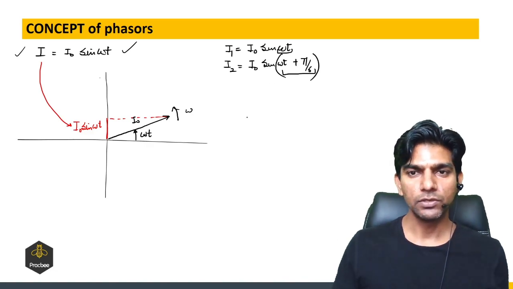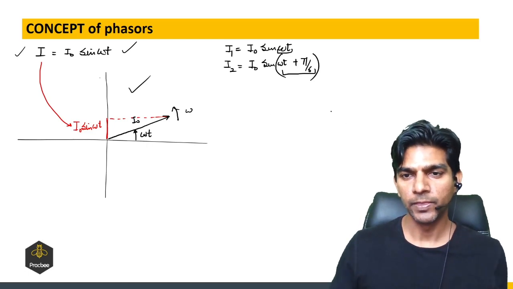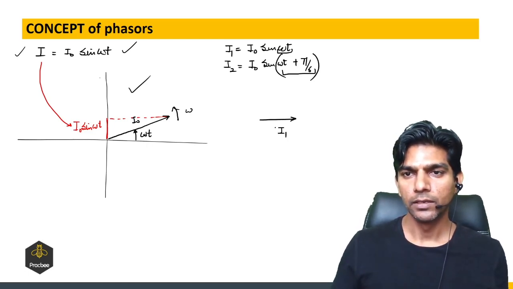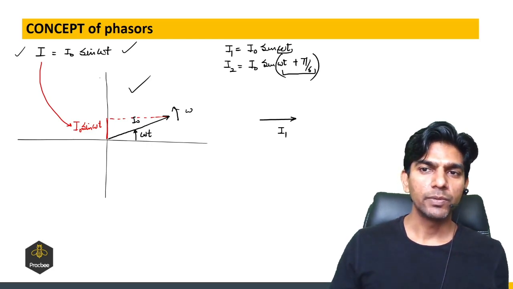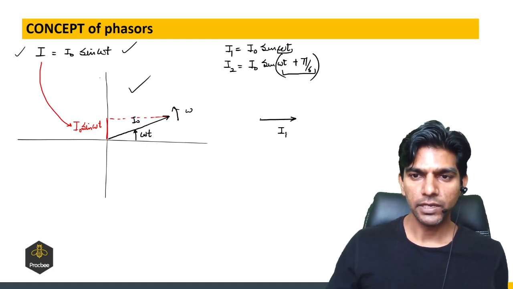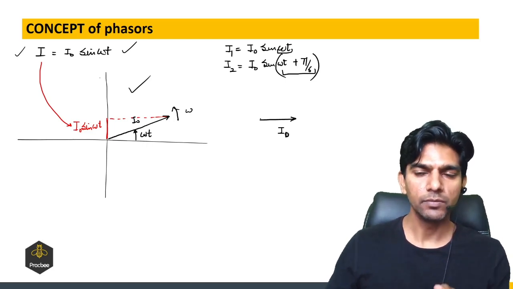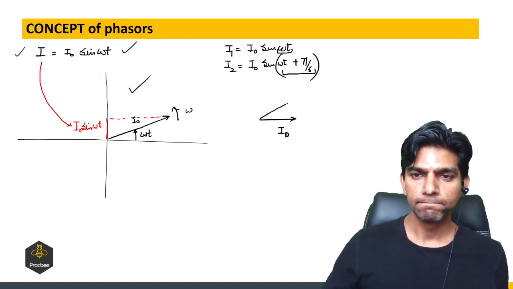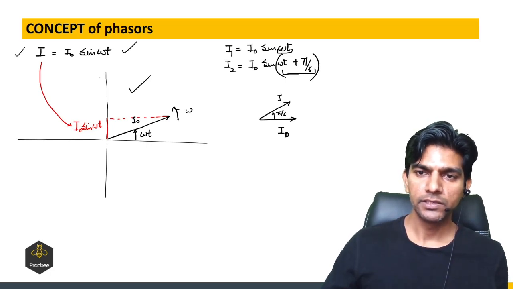If I show this on a phasor diagram, this representation is known as the phasor diagram. So if I show I1 like this, the phase of I2 is pi by 6 ahead, so I will draw I2. This is I1, and this is the peak value of I1. And I2 I can show like this, where this angle is pi by 6 and this is I naught.